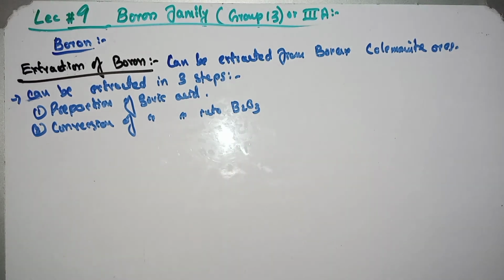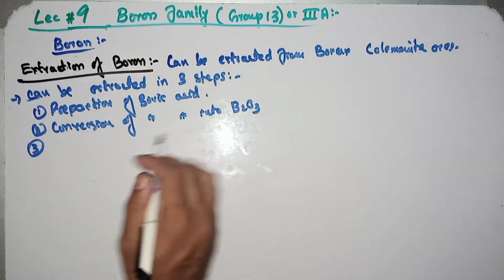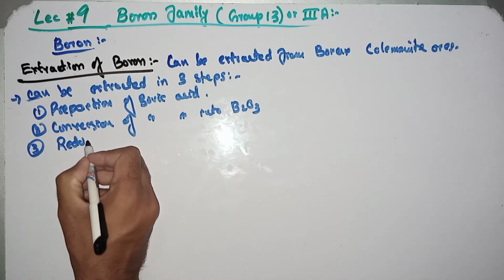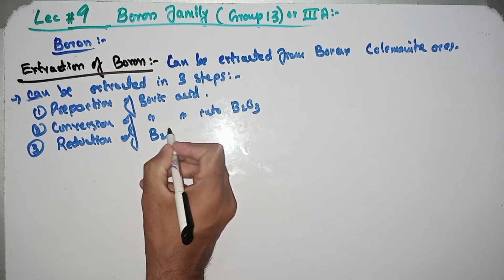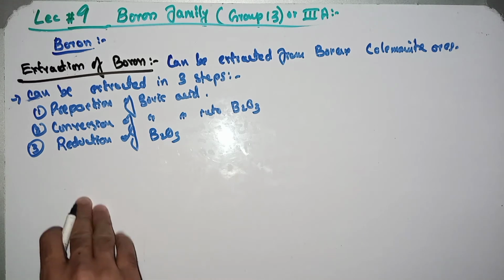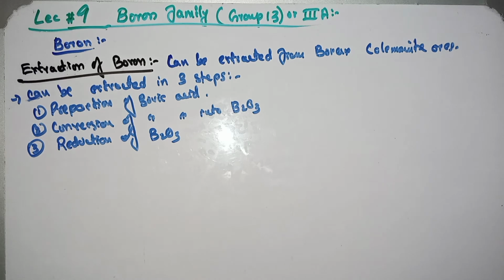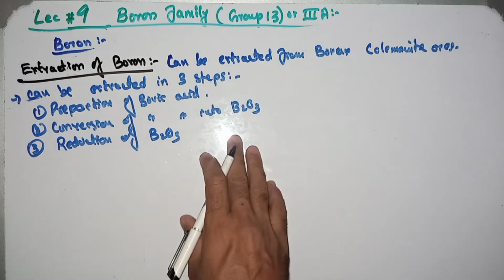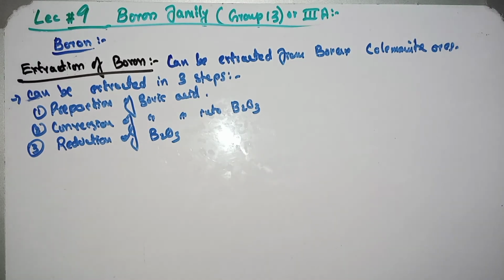The last step is the reduction of B2O3, the reduction of boric anhydride, or you can say that to get boron directly from the boric anhydride. Okay, let's go through each step one by one, in detail.